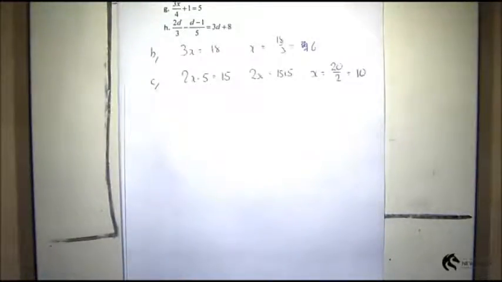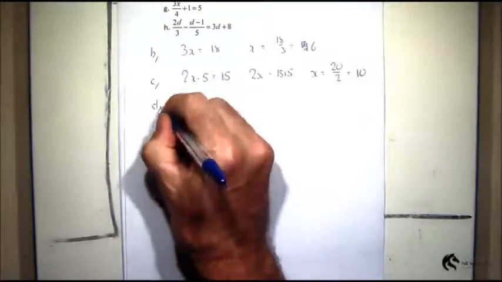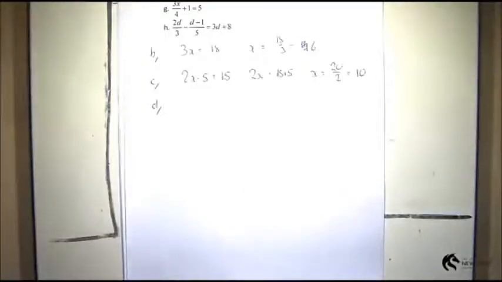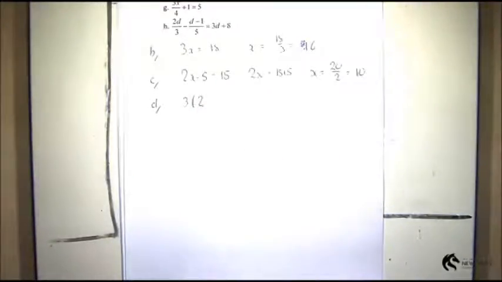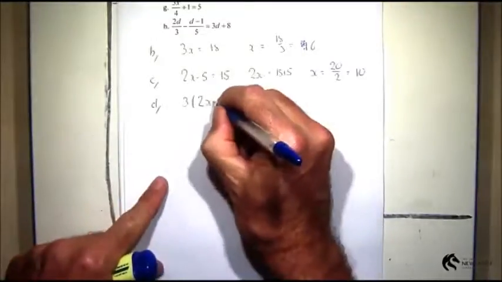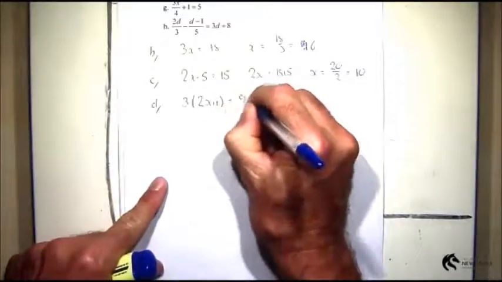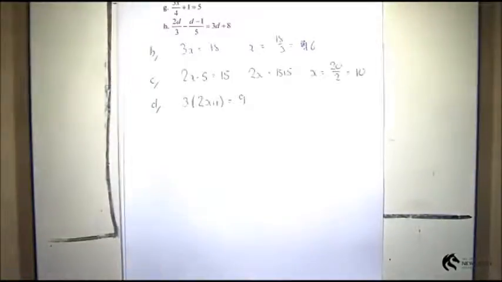Let's do part D. It says 3 times (2x plus 1) is equal to 9. This equation you could do in several ways.